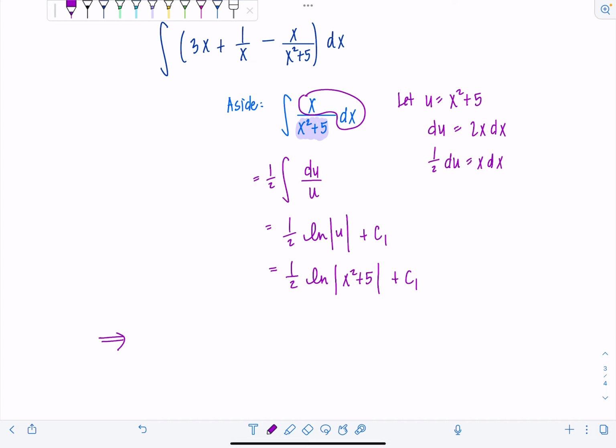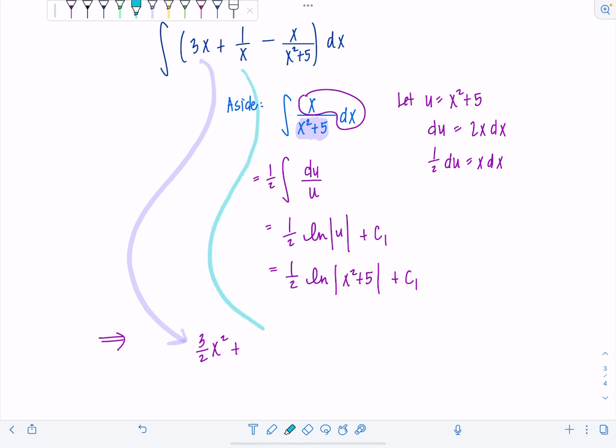We have antiderivative of 3x, 3/2 x squared, plus, what's the antiderivative of 1 over x? ln, absolute value of x. Then we have minus, okay, all of this stuff that we had here.